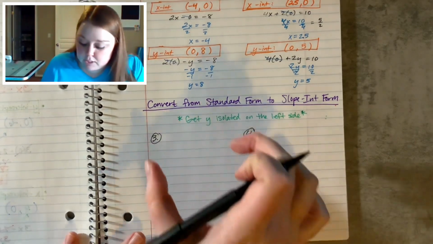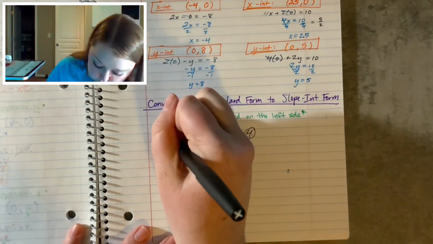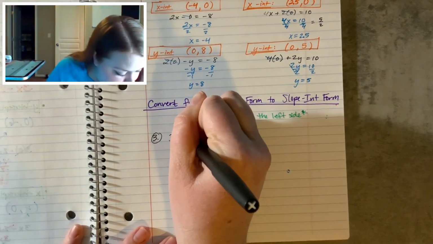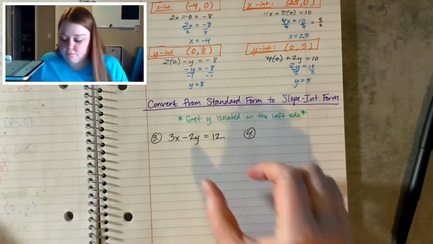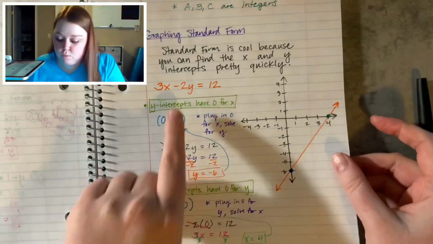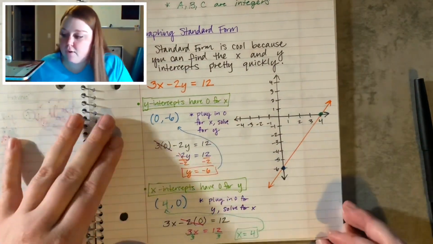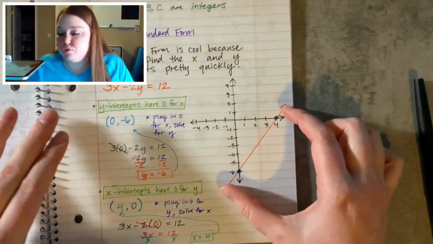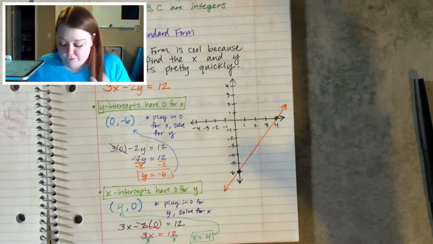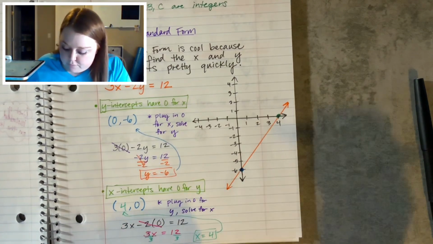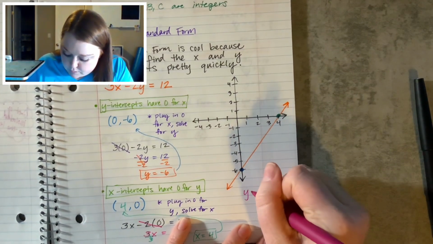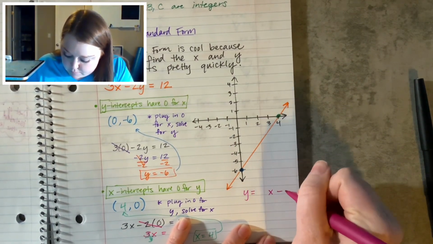So we're going to start with standard form. Here you go, 3x minus 2y equals 12. Now, this equation we already graphed. If you look at this graph, you should be able to write it in slope intercept form. I see an intercept of -6, so I know it's going to be y equals something x and then -6.